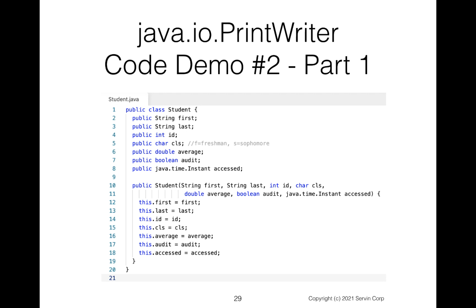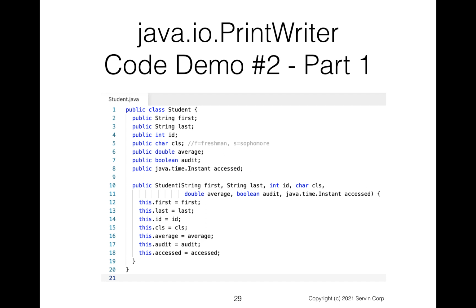Well, let's do it a little more. Let's have a class called Student, and for simplicity, just to save some time, notice for this class Student, starting at line 2 through 8, I made all my member variables public. Typically, we know we like to make them private so you cannot access them directly, but here I wanted to make them public just to save some time.